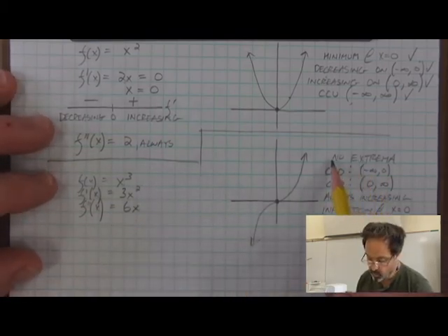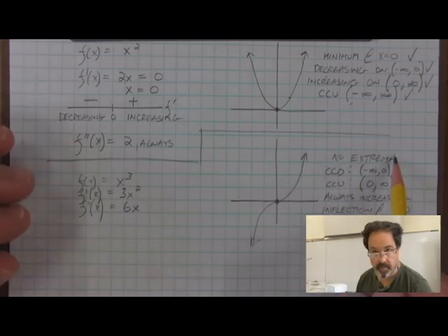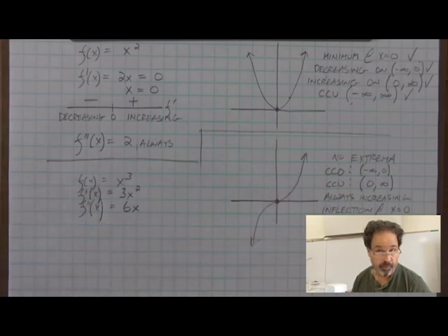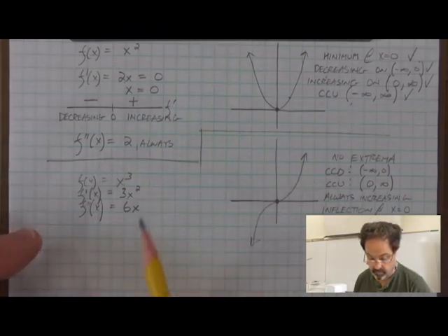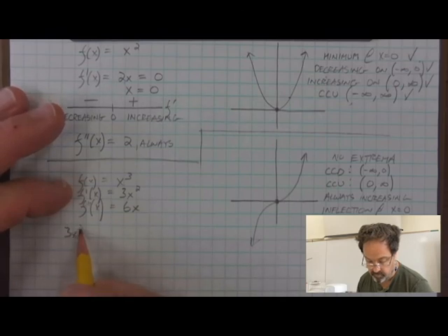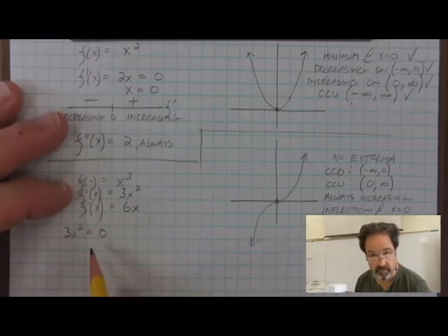Now, I don't have any extrema, but I need to still attempt to find what we're going to call critical points, where the derivative is 0, and then justify why the derivative is not a local minimum or a maximum. So I take the derivative expression, 3x squared, and I set it equal to 0.